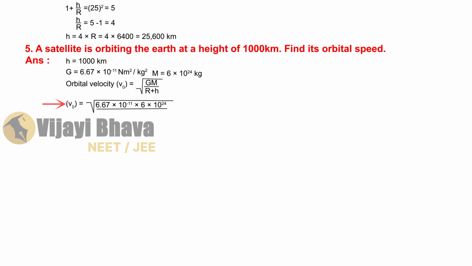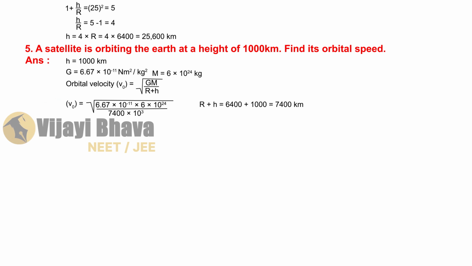7400 kilometers, which is the sum of radius of the earth 6400 plus the height at which the satellite is mentioned in the problem as 1000. So 6400 plus 1000 becomes 7400 kilometers, also written as 7400 into 10 power 3.